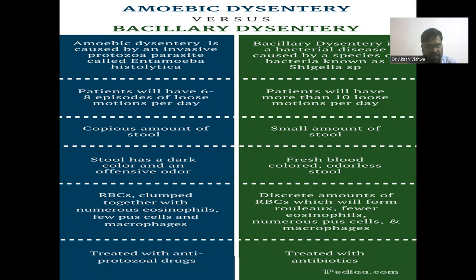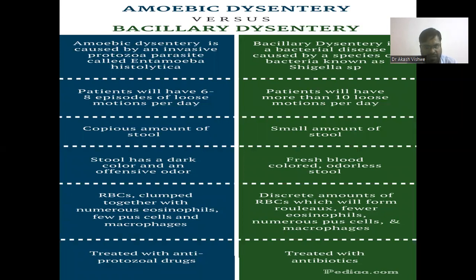In amoebic dysentery, patients will have 6 to 8 episodes of loose motions per day, while in bacillary dysentery, patients will have more than 10 loose motions per day. It is somewhat heavier than the former.